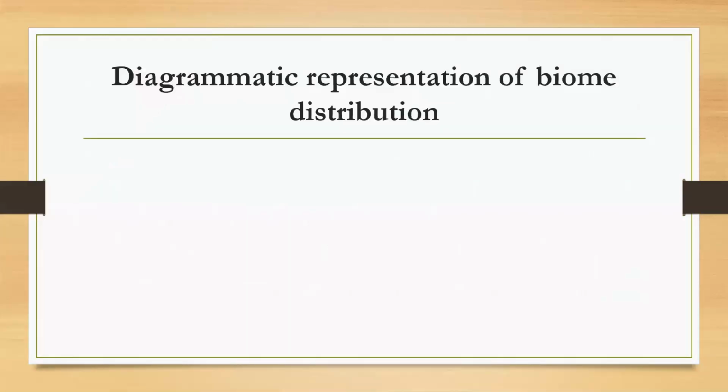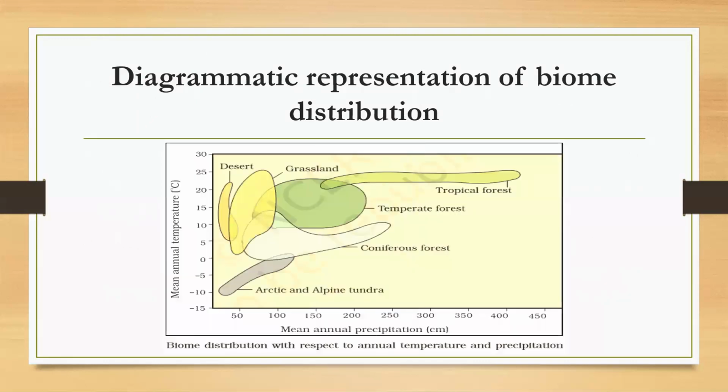So these are the two major reasons for the development of various biomes on the earth. Now, let us see the diagrammatic representation of biome distribution on the earth. This is the biome distribution with respect to annual temperature and precipitation. In this diagrammatic representation, you can see the desert, grassland biome, tropical forest biome, temperate forest biome, coniferous forest, Arctic and alpine tundra.